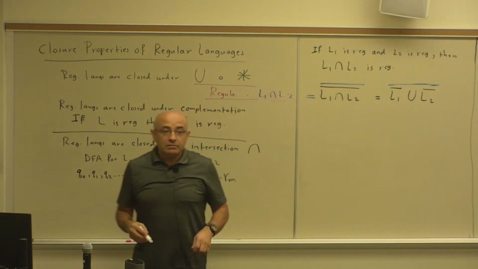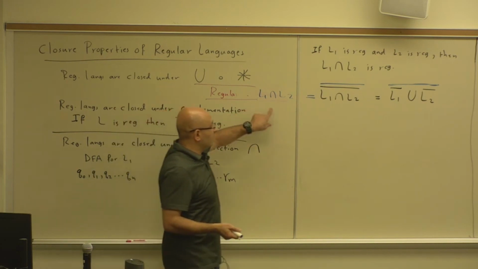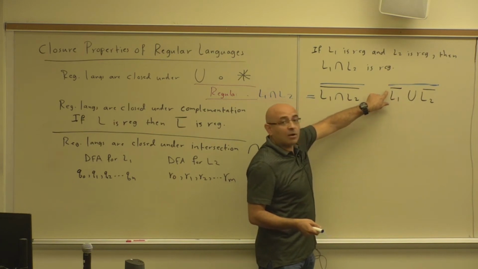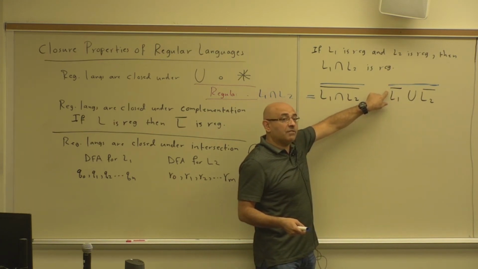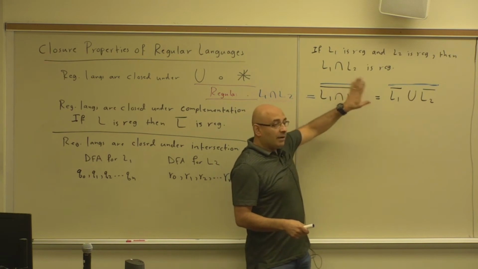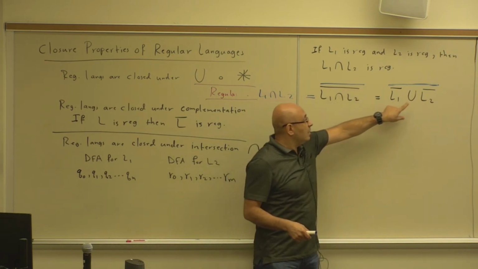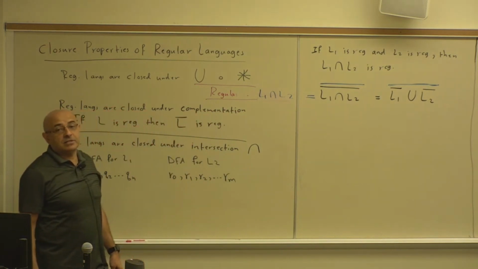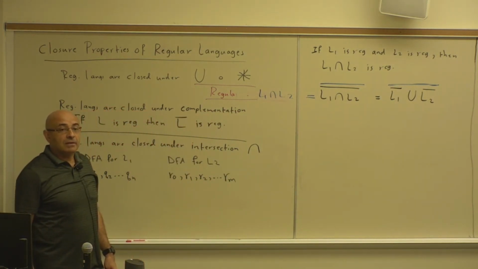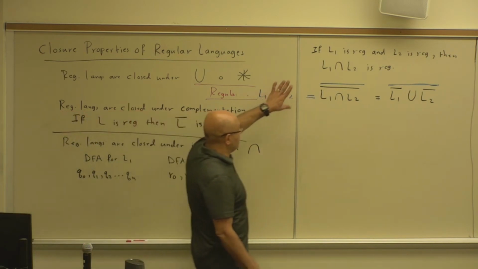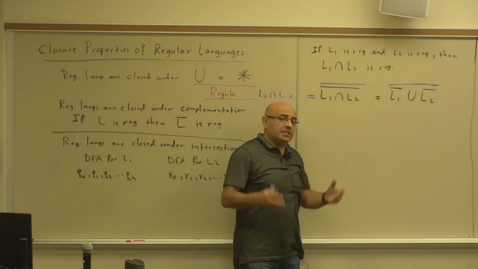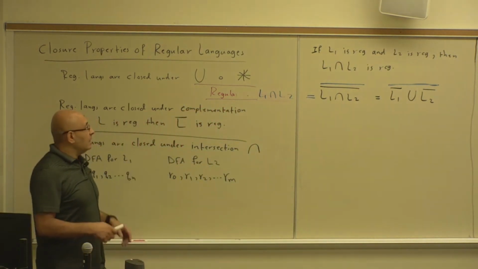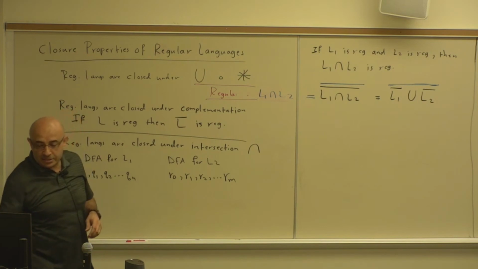Now this gives you the intersection in terms of the union and the complement. And we have shown that regular languages are closed under union and complementation. Therefore, they are closed under intersection. So De Morgan's law tells us that, since we can define intersection in terms of union and complementation, regular languages are closed under intersection.